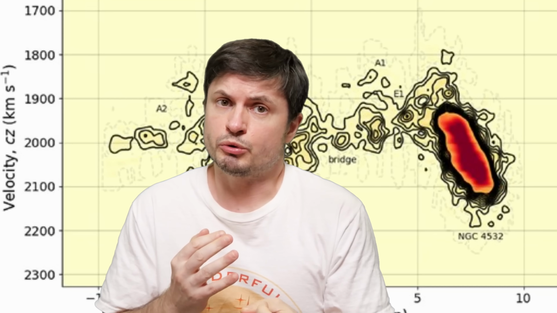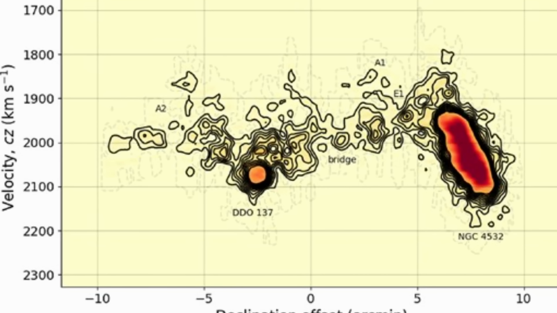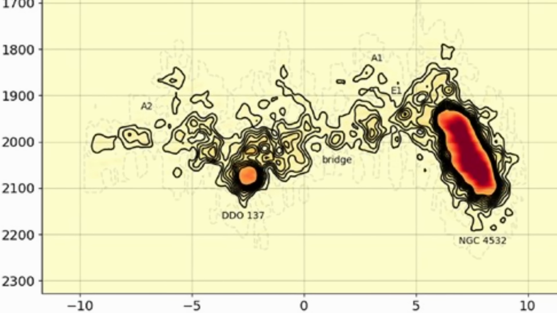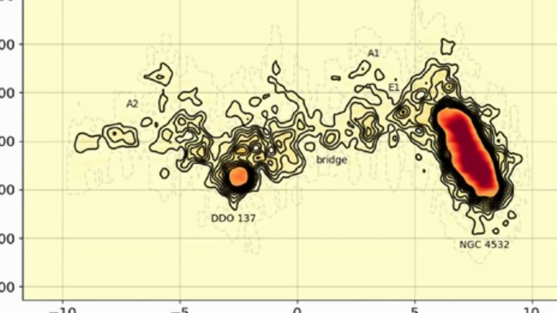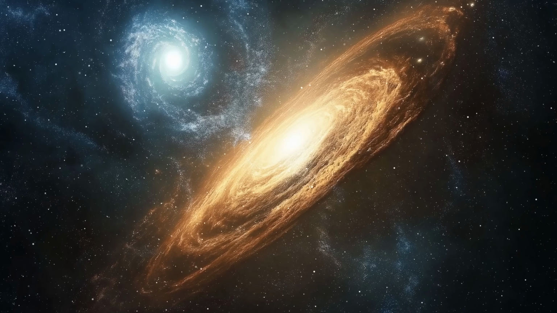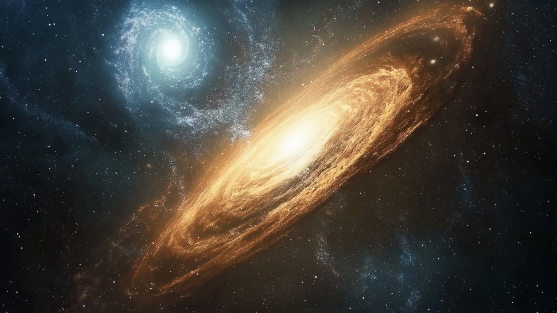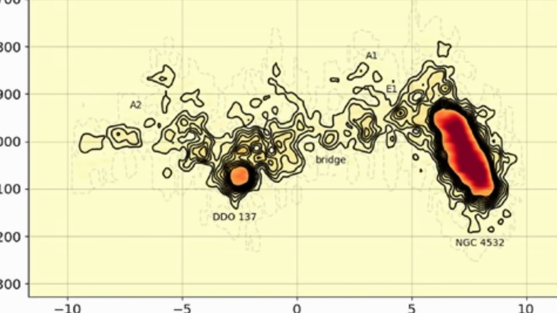But on top of this, we also have observations conducted in the radio spectrum, basically by using radio telescopes. And here, at least one study discovered that these filaments are far more dynamic than we thought. Specifically, a study in late 2025, with researchers using the ASKAP radio telescope, discovered that two dwarf galaxies in the Virgo cluster seem to contain a massive gas bridge at least 185,000 light-years in length.